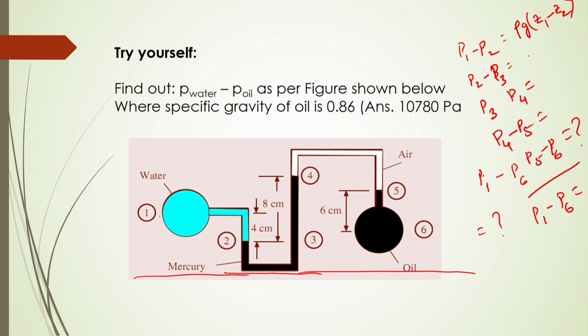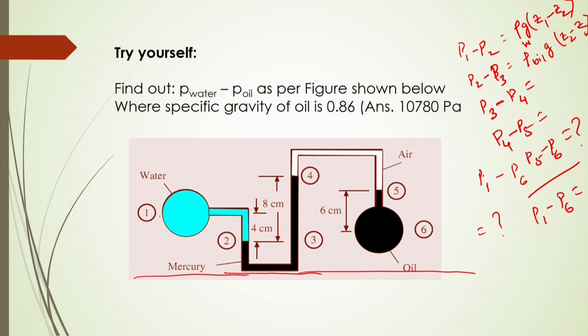Similarly, here rho will be for water, and here it will be oil, into g into (z2 minus z3), and this component will be 0 because z2 and z3 are at the same distance from the bottom.